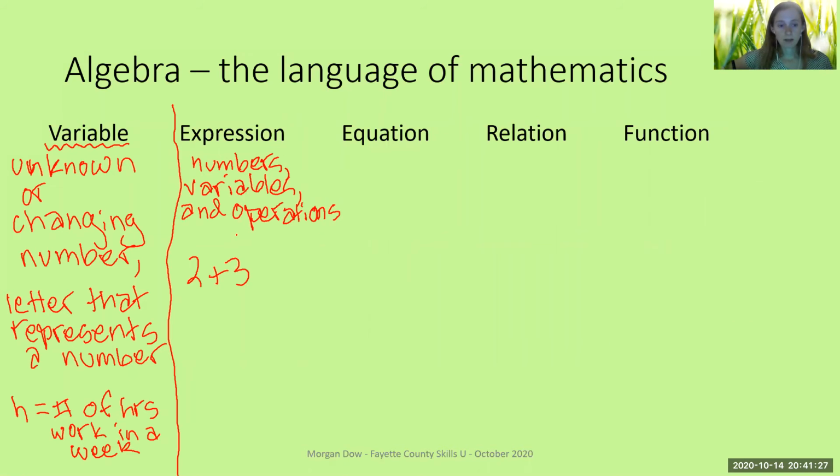So we could have this expression that represents how much money you made in a week. This expression 15H says $15 an hour times the number of hours we worked in a week. When you see a number right next to a variable like this with nothing in between, that means multiplication. We just assume it's multiplication. So this is an expression that represents your earnings for the week.